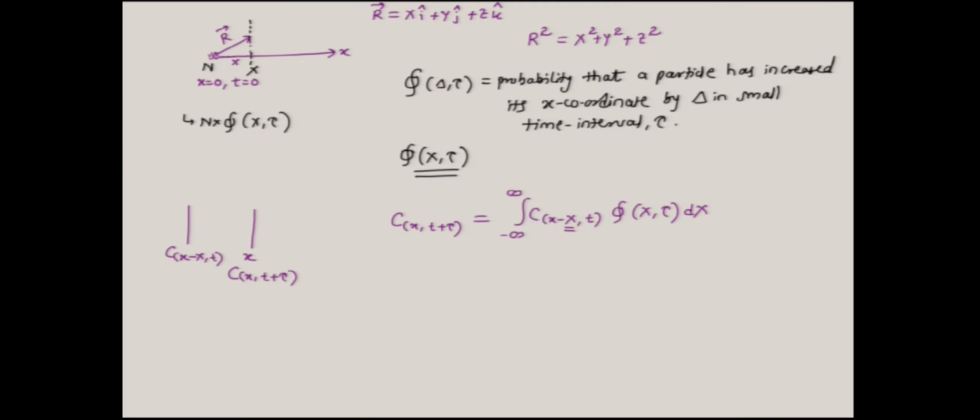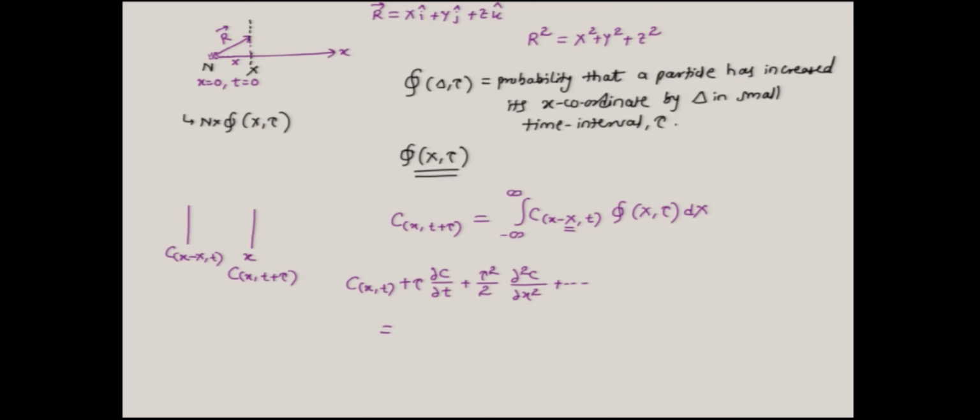Now, we can expand this C at x, t plus tau as C at x and t plus tau times dou C by dou t plus tau square by 2 times dou 2 C by dou t 2 and so on.